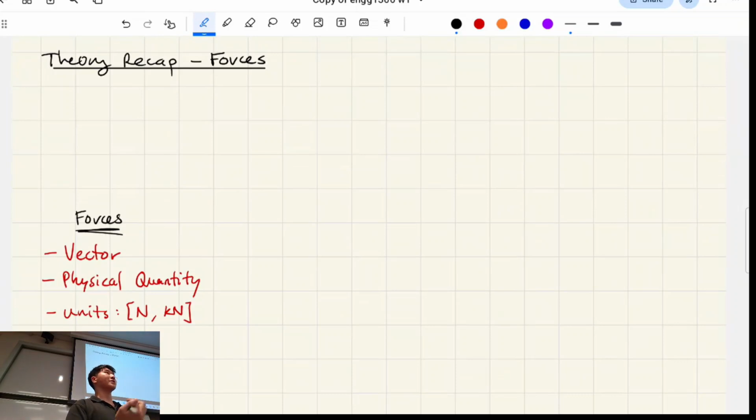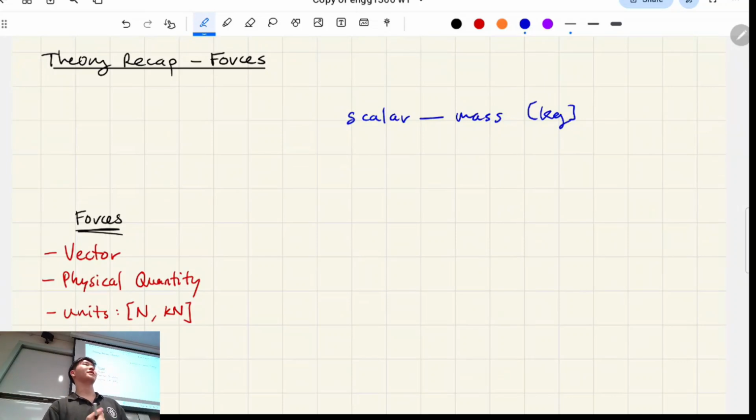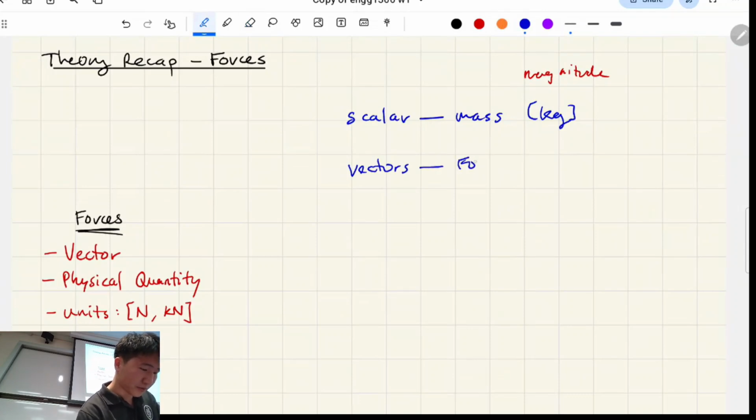And forces are a vector. So I'll give an example of something that's not a vector. From physics, something like mass is actually a scalar, where it's just got a magnitude, and the units are going to be kilograms for that. Vectors, on the other hand, like force, have a magnitude and a direction.